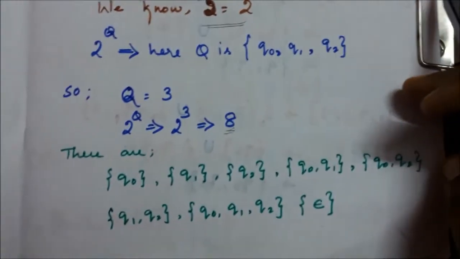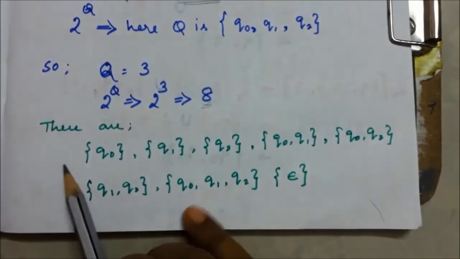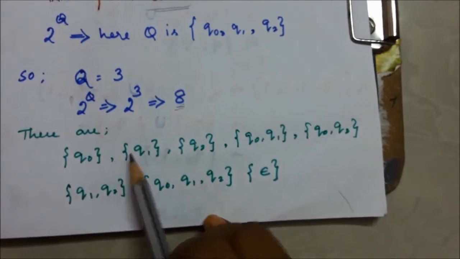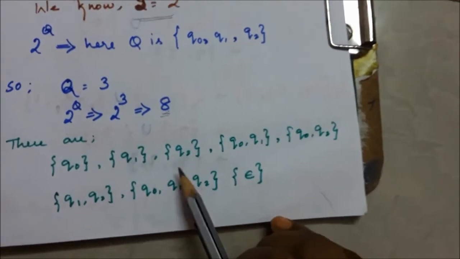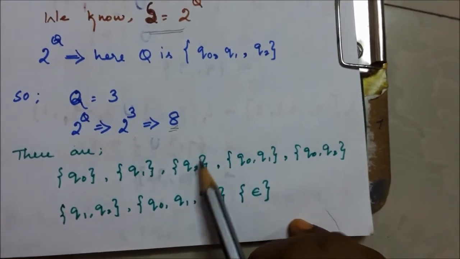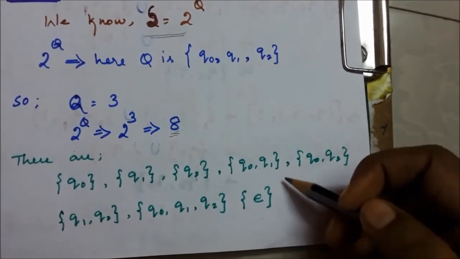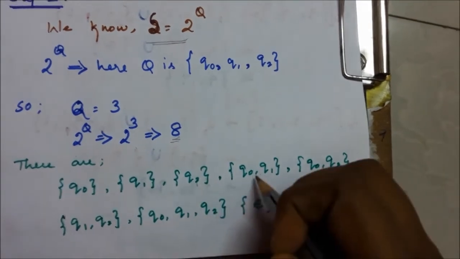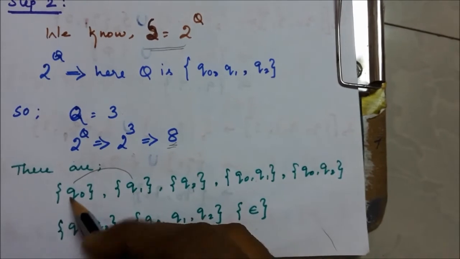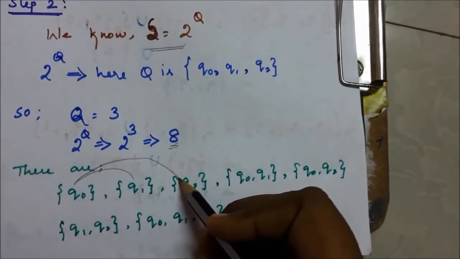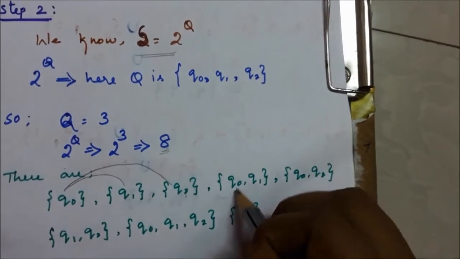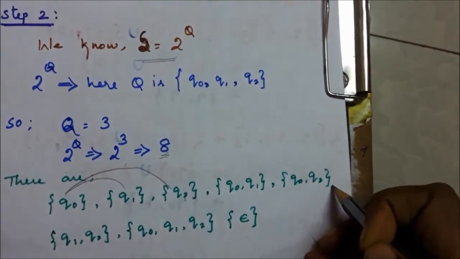That particular 8 states will be: already we know that Q0 is one state, Q1 is another state, and Q2 is the third state, which are already given in our diagram. For the remaining, we want to identify the combinations: the combination of Q0 and Q1, then Q0 and Q2.